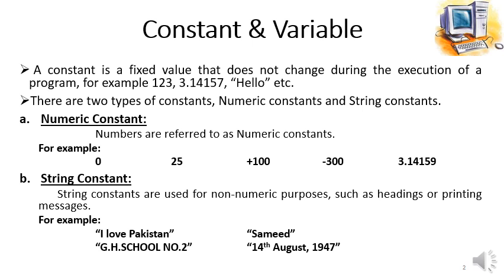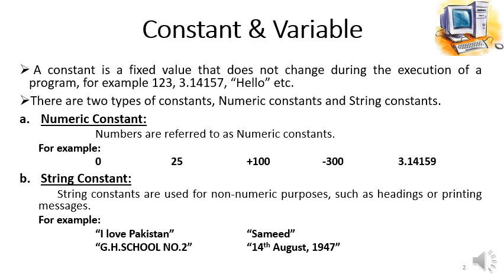Here we have used alphabets in uppercase. Further we have used dot, that is a full stop, and a numeric value 2, but here it is enclosed in double quotation mark, so it is a string constant.